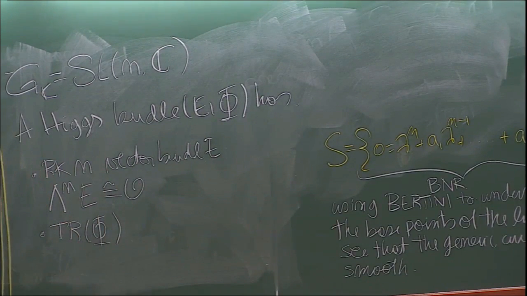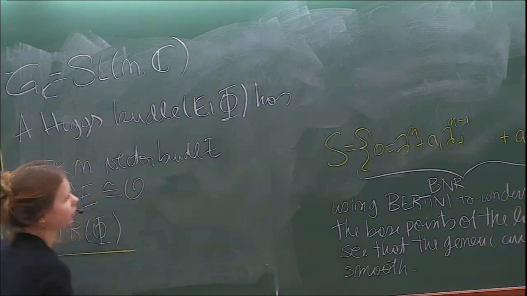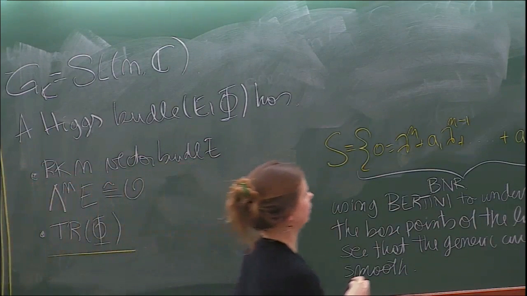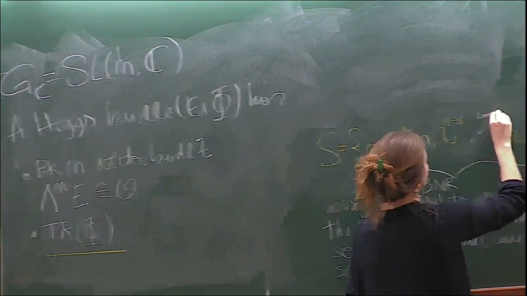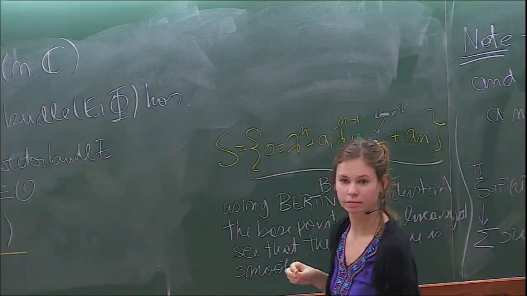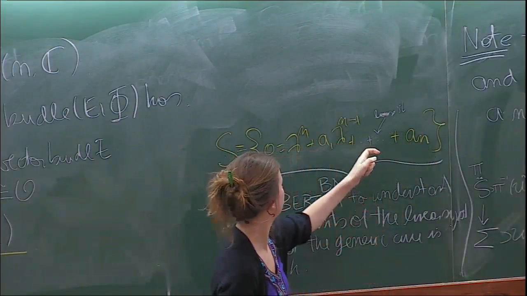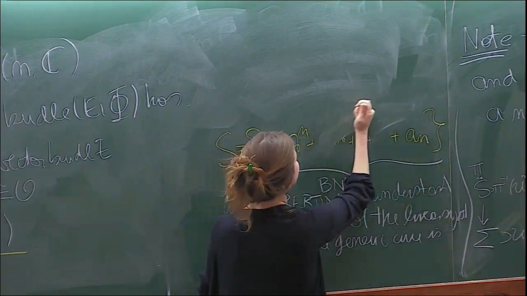So what are the conditions that we would need to put on the spectral data to recover the fibration for SL(n,C) Higgs bundles? We look at the conditions here, and we see that the conditions on the Higgs field tell us that the trace of the Higgs field is 0. So what will happen is that instead of having here a coefficient, we'll just lose it. We lose this one, right? Yes, thank you.